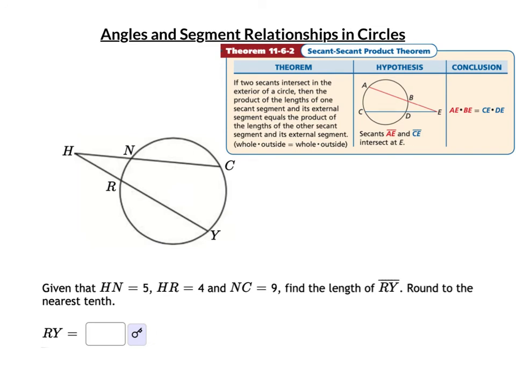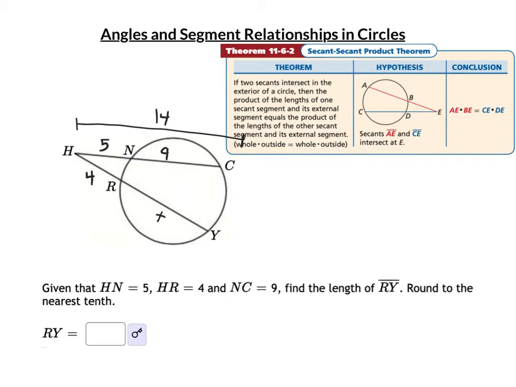In this example, HN is 5, HR is 4, NC is 9, which makes this whole length 14. And we're going to find RY.